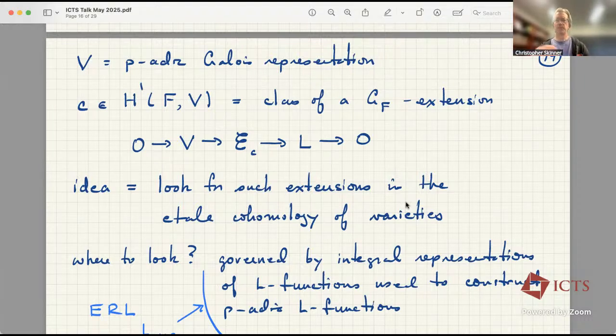I'm really bad with remembering what the conventions are for extensions. Anyway, it's an exact sequence 0 to V to this extension E of L, and then the quotient is the trivial representation.